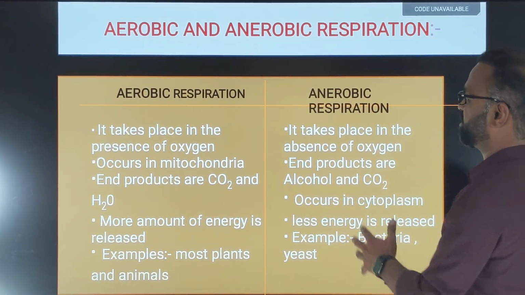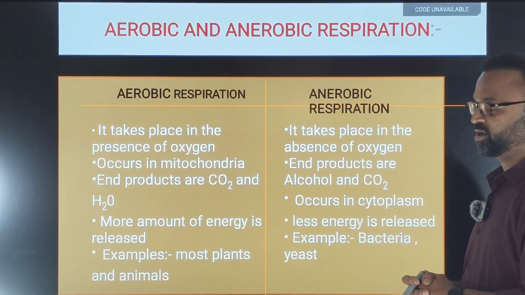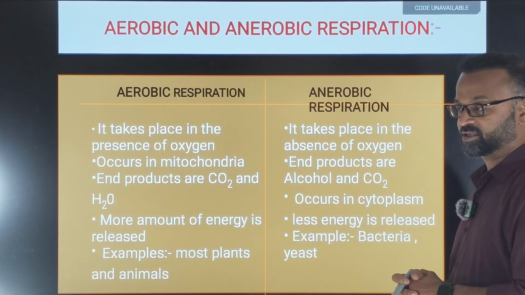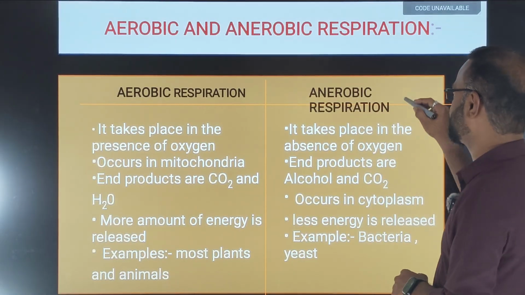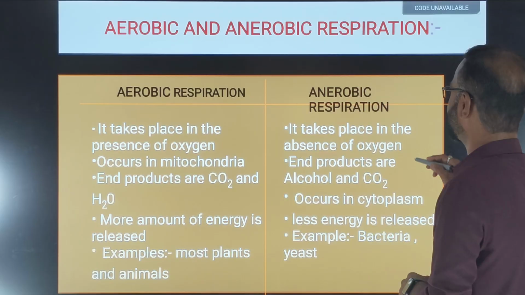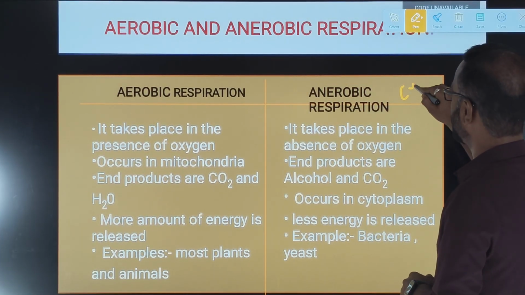Now let us try to understand the difference between aerobic and anaerobic respiration. As I told you, aerobic respiration takes place inside the cells of the body. Anaerobic respiration also takes place inside the cells, but it takes place in the cytoplasm of some of the cells.